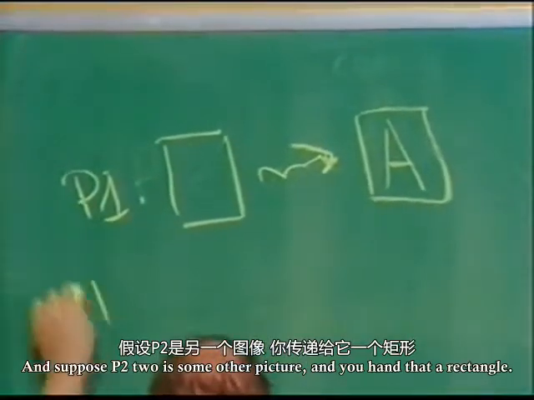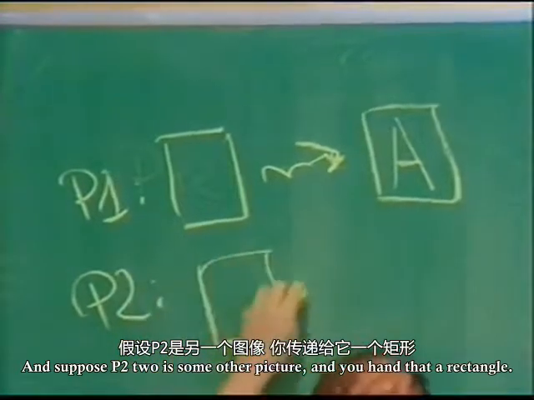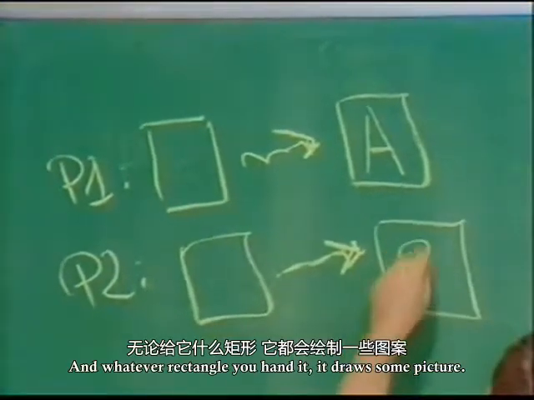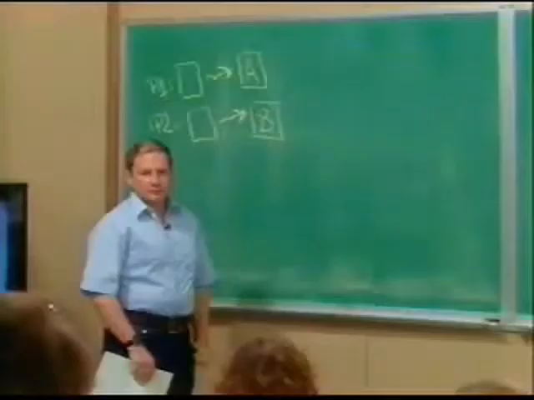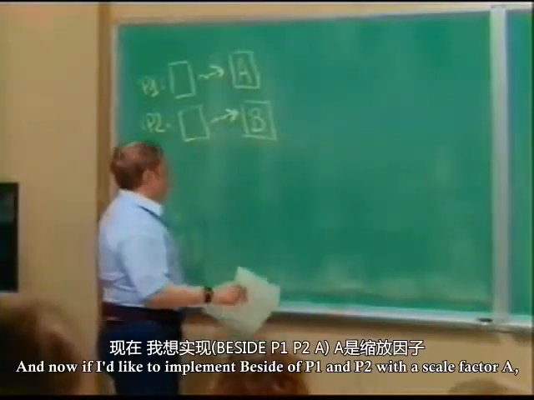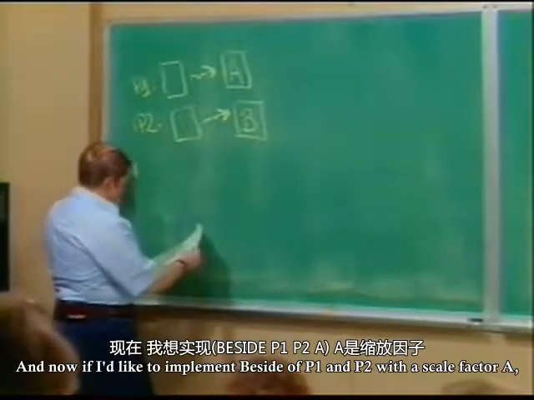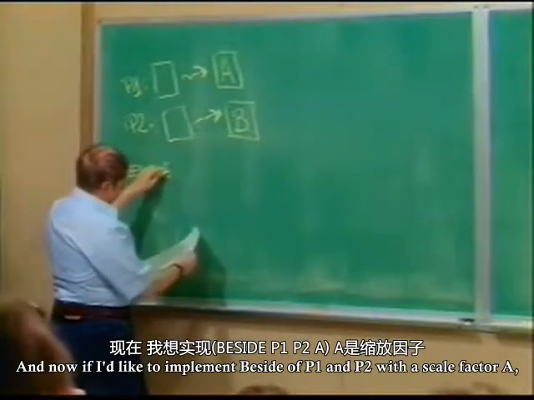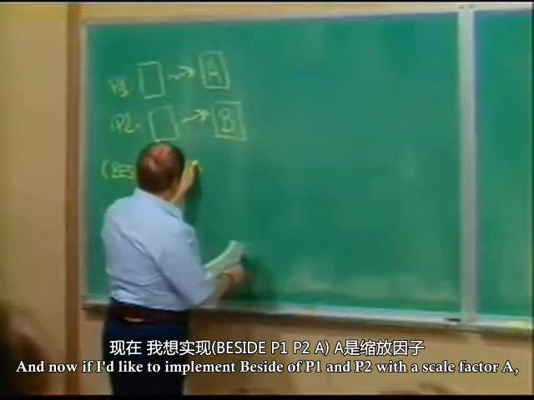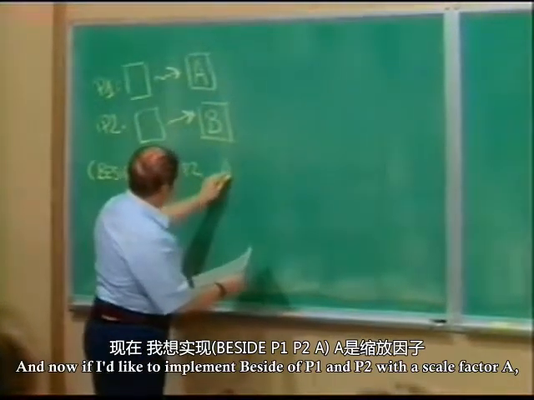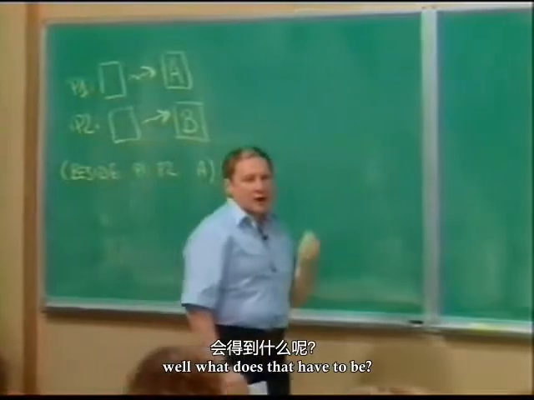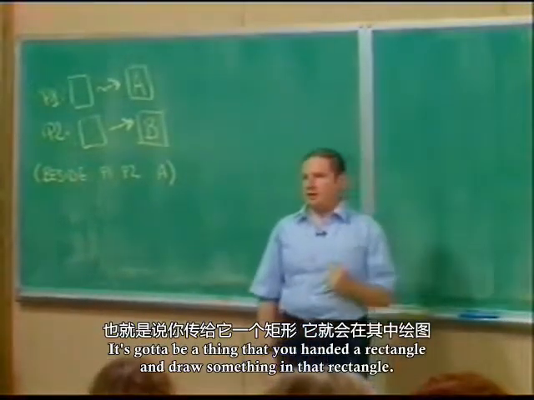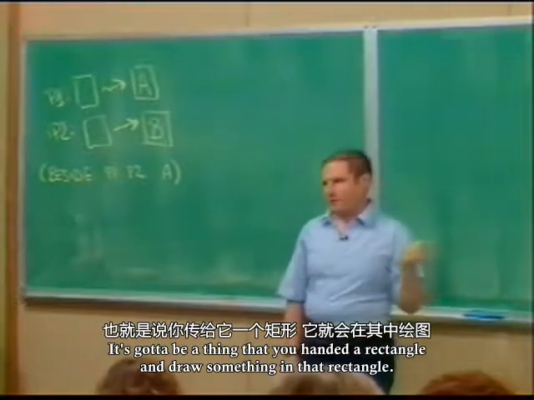And suppose P2 is some other picture, and you hand that a rectangle, and whatever rectangle you hand it, it draws some picture. And now, if I'd like to implement beside of P1 and P2 with the scale factor A, well, what does that have to be? That's got to be a picture. It's got to be a thing that you hand a rectangle and it draws something in that rectangle.